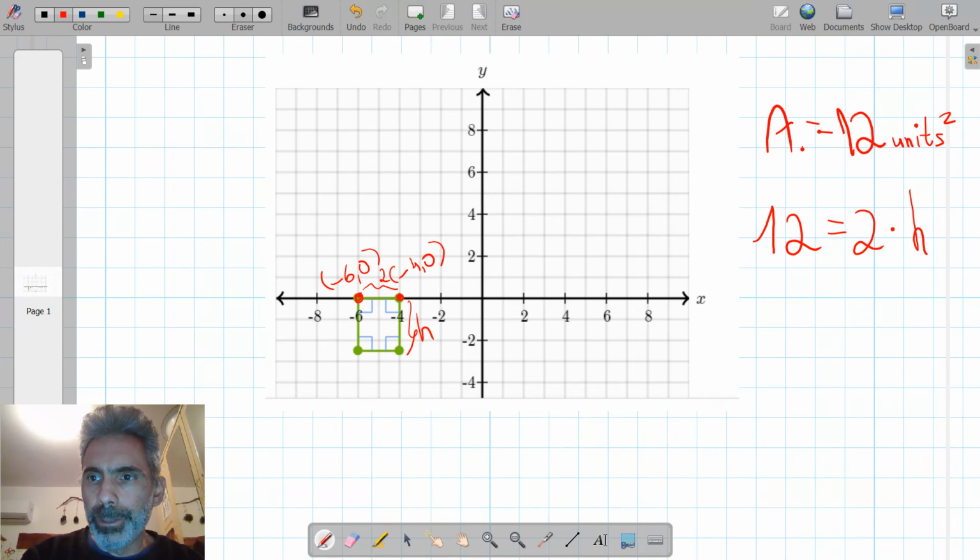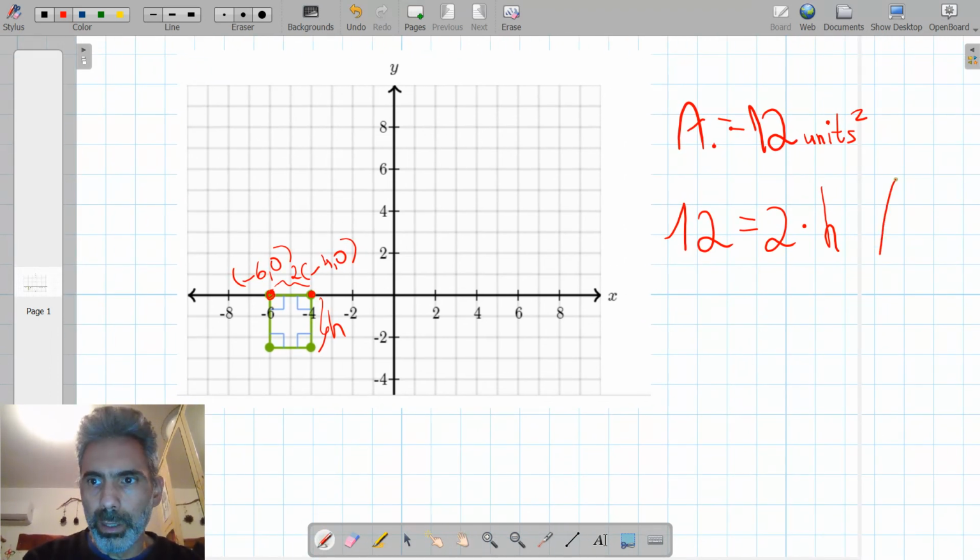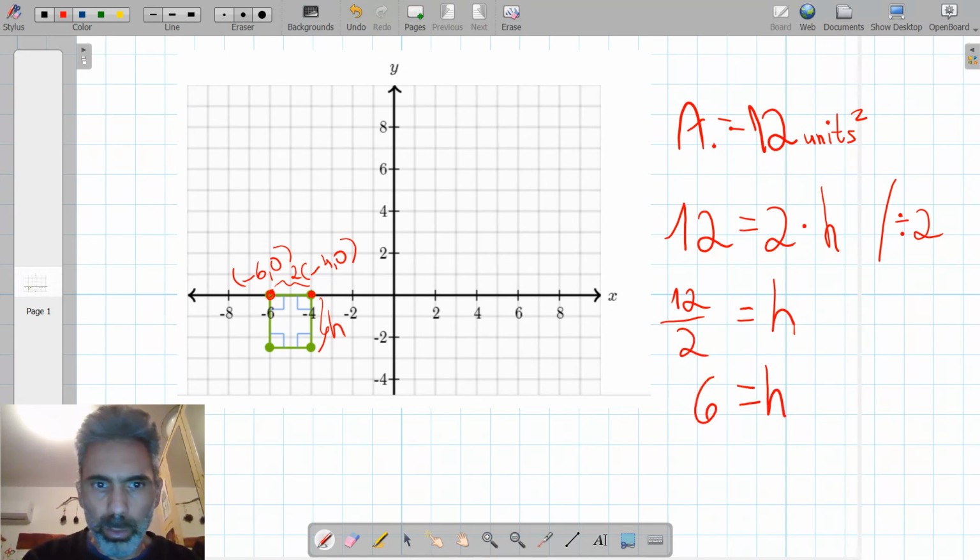So I divide both sides of the equation by 2. On the right hand side of the equation I'm left with h, and on the left hand side 12 divided by 2 is 6. So h equals 6, which means that the distance of h should be 6.